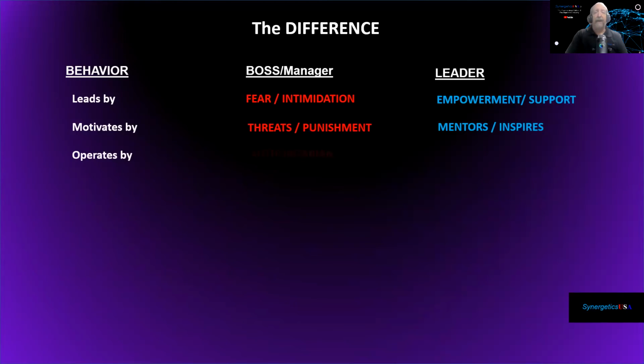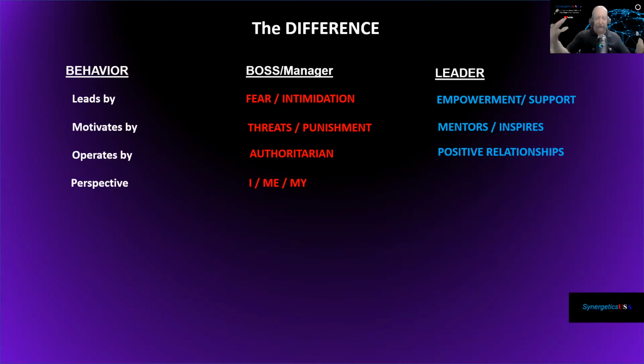Operates by the boss, authoritarian. It's their authority that they lean on solely to drive behavior, where the leader sees the value of creating positive relationships. Perspective, I, me, my is the boss or manager. It's self-serving, self-focused.